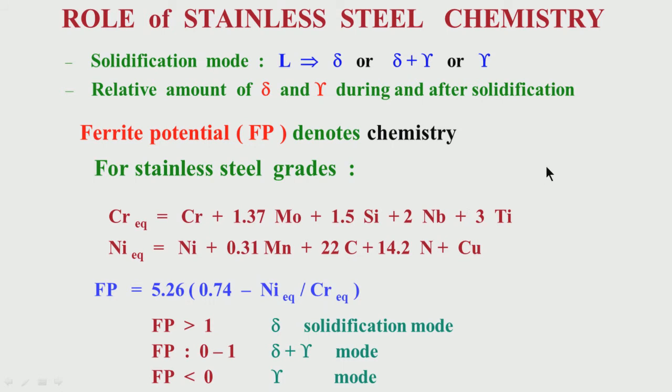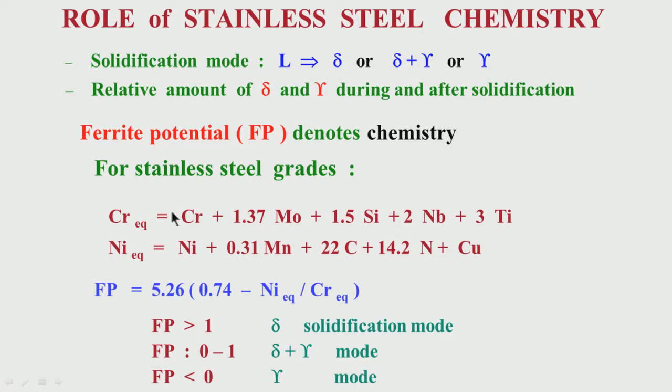So, how will solidification take place, through ferrite, that means delta, or through austenite? In the iron carbon diagram everything was by carbon equivalent. Here we have to look into the two alloying elements, chromium and nickel, or rather the chromium equivalent and nickel equivalent, because chromium stabilizes ferrite and nickel stabilizes austenite.